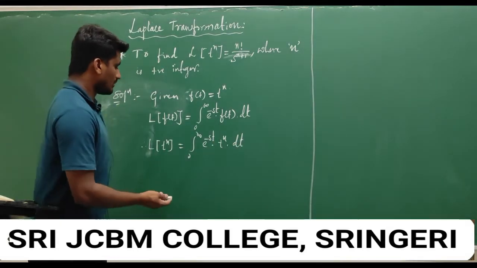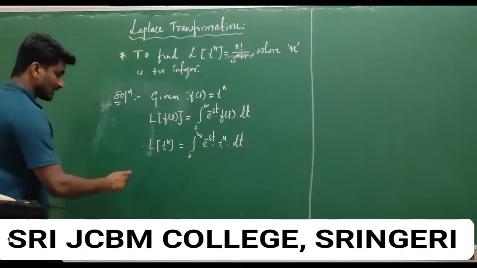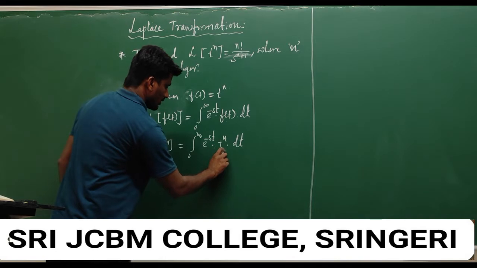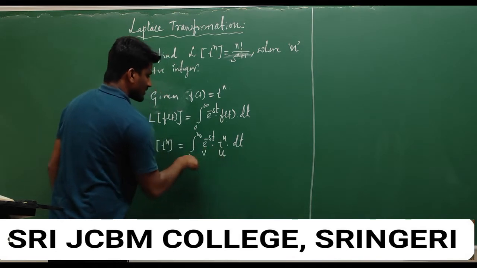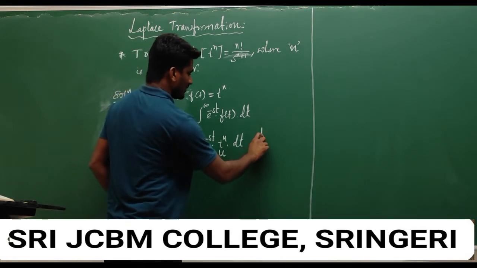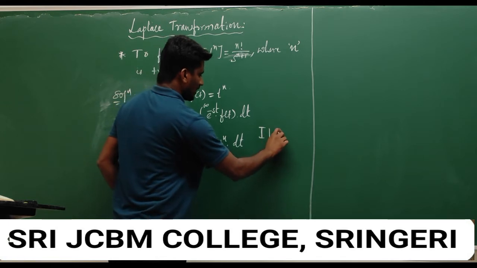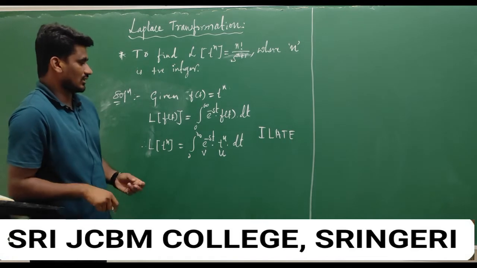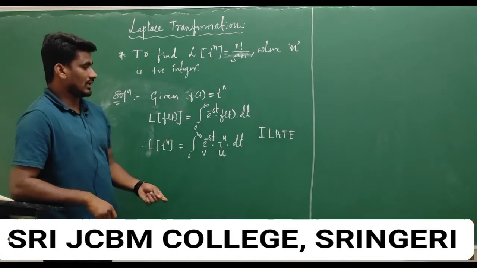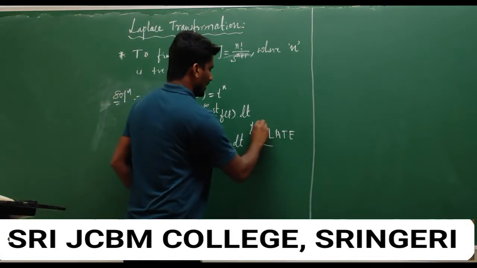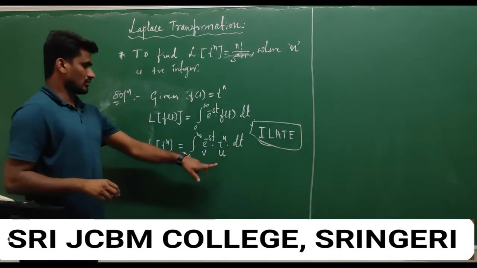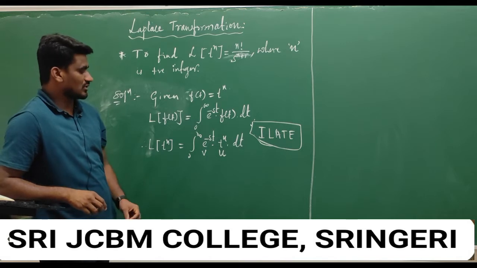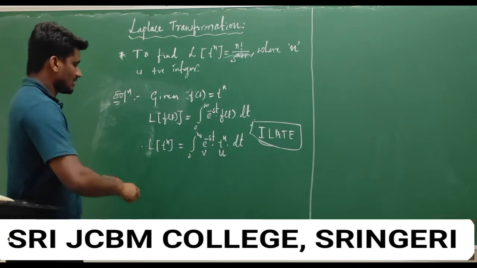We can solve this by the integration by parts method, with u is t to the power n and v is the exponential function e to the power minus st.